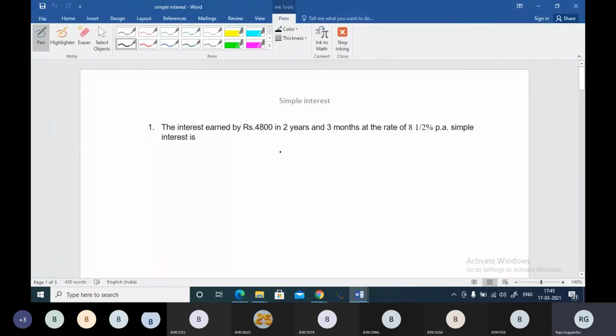So friends, as I told you, you can find it. See, the rate of interest is given as 8 whole 1/2%, that is 17 by 2, and percentage means 1/100. So on this 4,800, this much percentage will be the simple interest. For 1 year, 4,800 into 17 divided by 2 into 1 by 100 will be the simple interest.